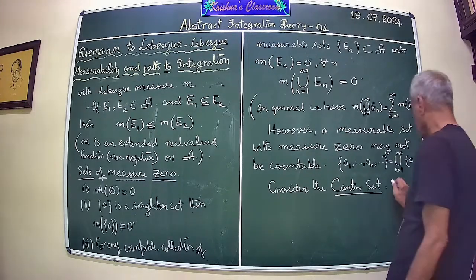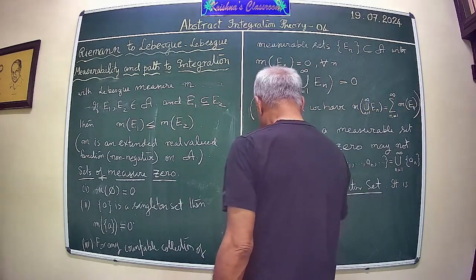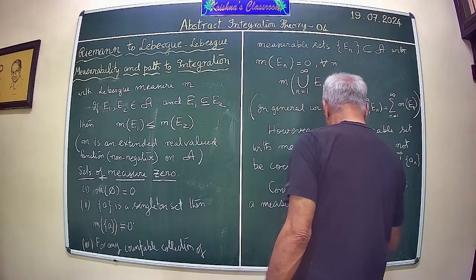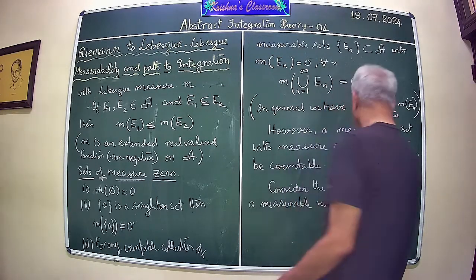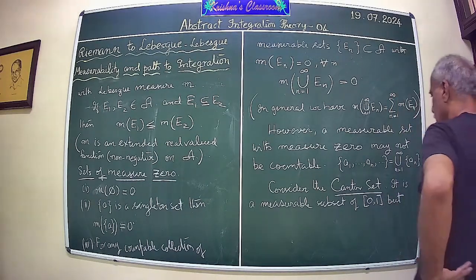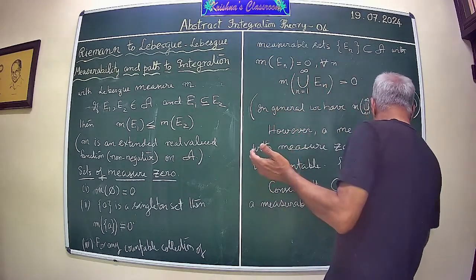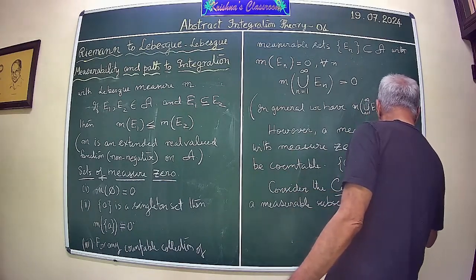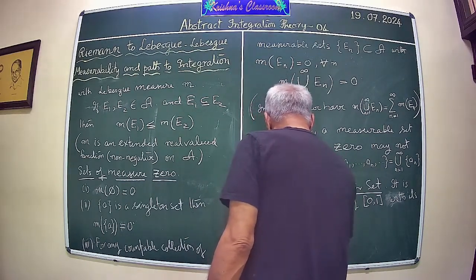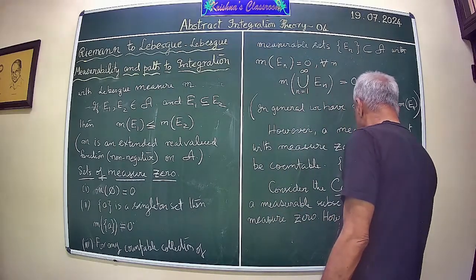Cantor set. It is a subset of zero one, but however, it is not countable.